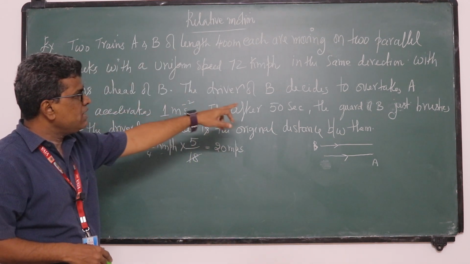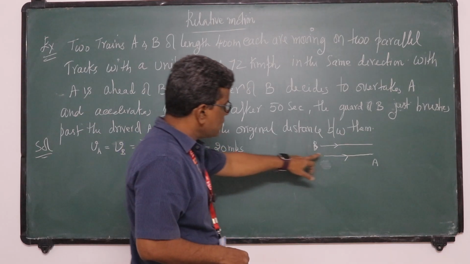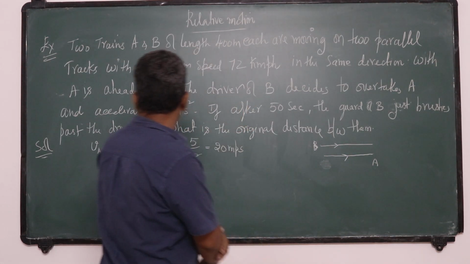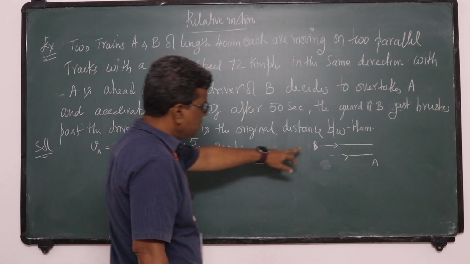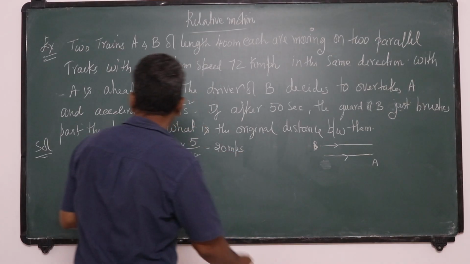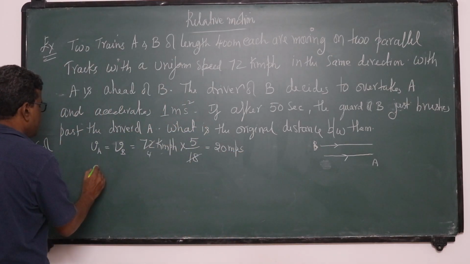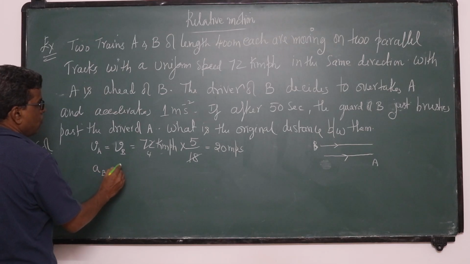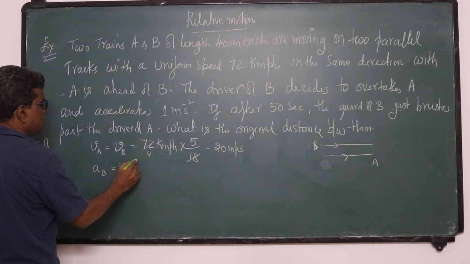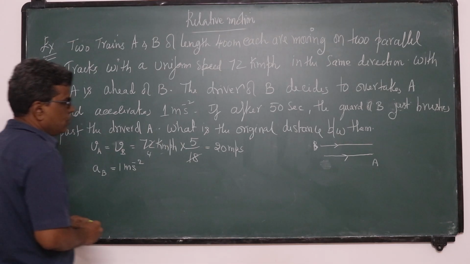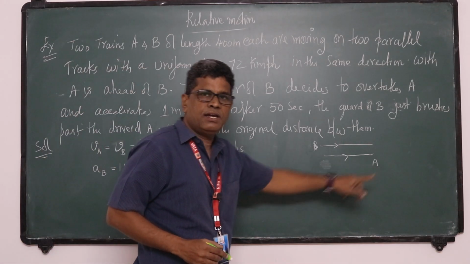The driver of B decides to overtake A. So he starts accelerating. The acceleration of B is 1 meter per second squared. What is the acceleration of A?